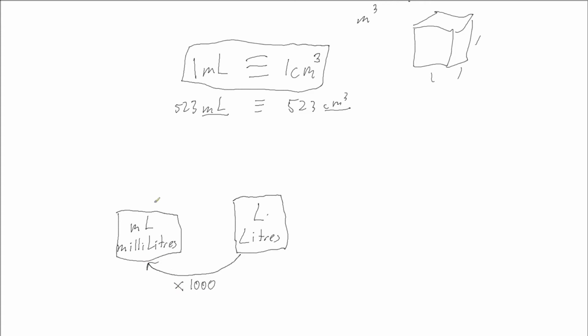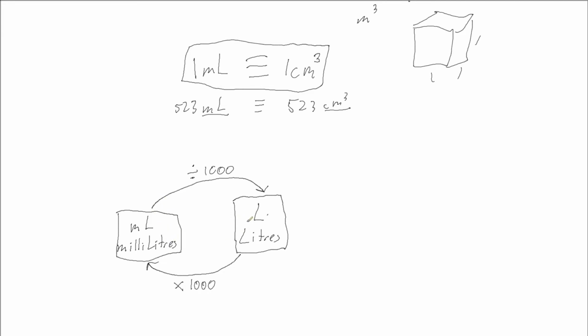Or if I had it the other way, like I've got 523 milliliters up here, what if I wanted to know what that is in liters? To convert the other way, I would divide by 1,000 because I'm going from a small measurement, a milliliter, a tiny little drop of liquid, up to a big measurement, what fits in a big barrel. So I've got to divide by 1,000 to see basically how many lots of 1,000 of these little things fit in the big thing.